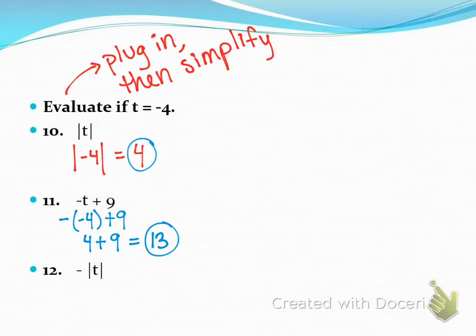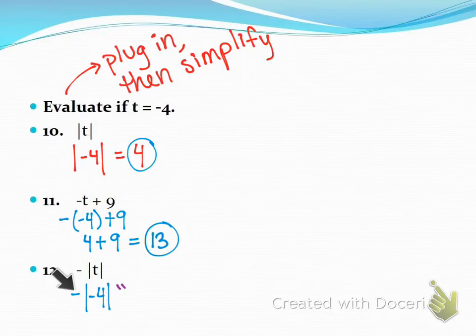All right, on number 12, again, our first step is just to plug in. So everything else about the problem stays the same. I'm plugging in a negative 4 for t, and then I'm evaluating it. Now this one I am going to write out how we would read it.